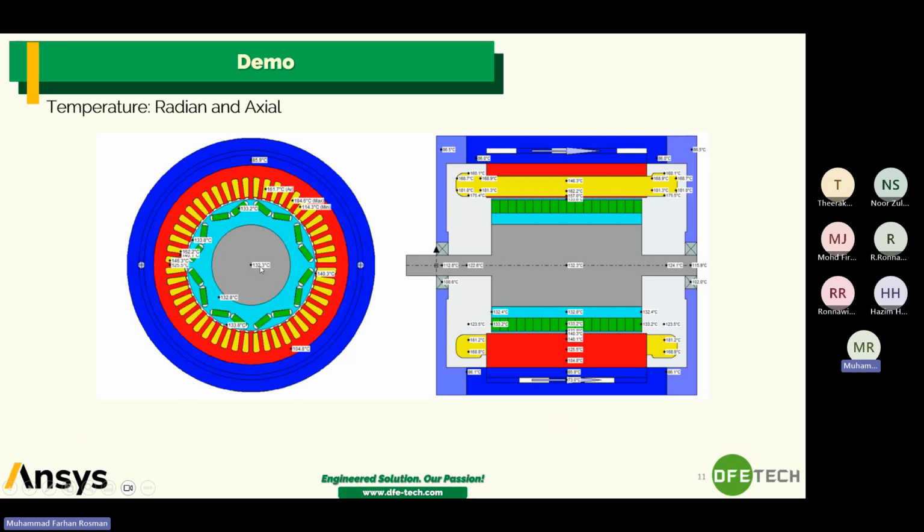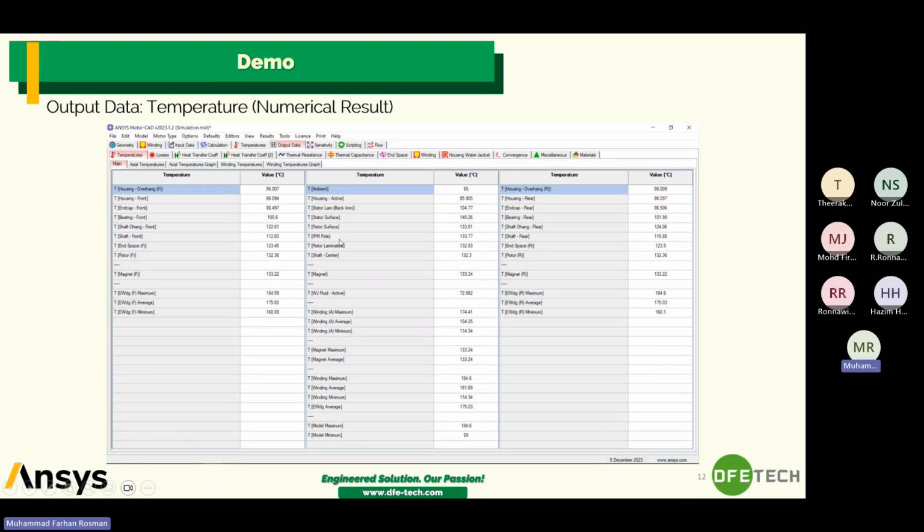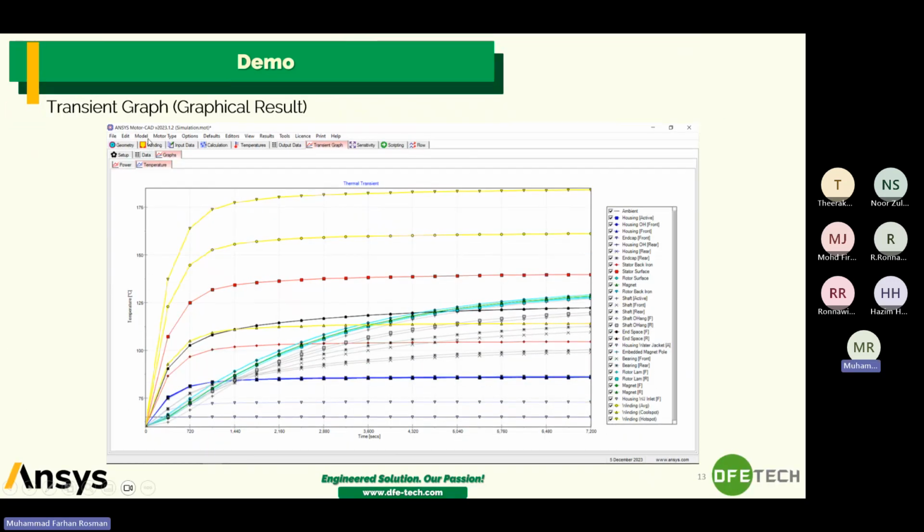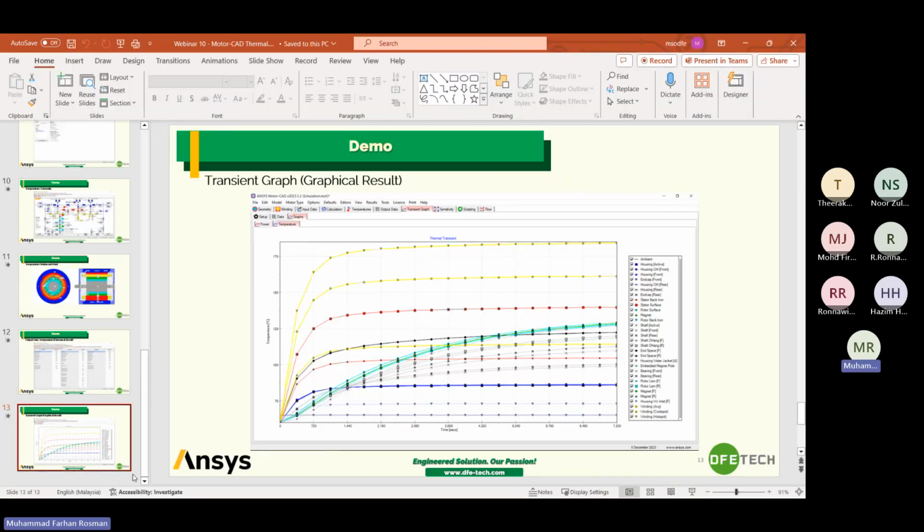We can see the temperature for the whole motor, with the numbers here. We can also see the numerical results for the temperature of each component of the motor through this output data. And for the transient simulation, we can see the transient graph from the results of this simulation.